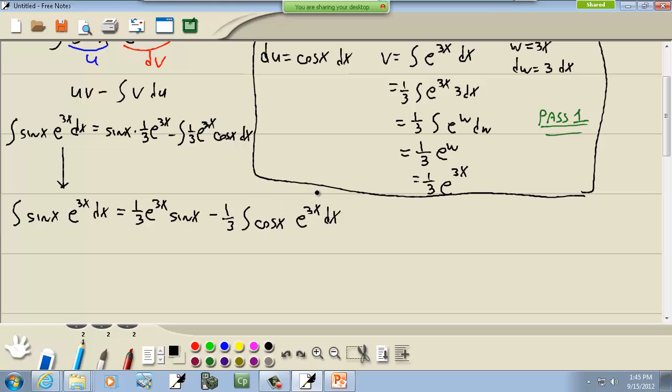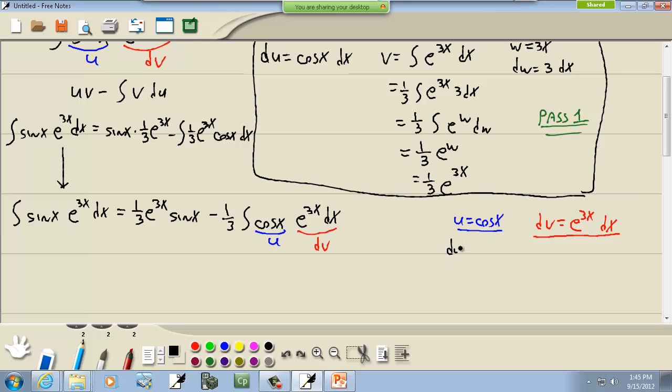Now I'm going to do it again. This is going to be u, our cosine x, and this is going to be our dv. So u is equal to cosine x, and dv is equal to e to the 3x dx.